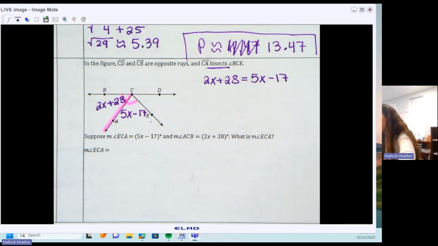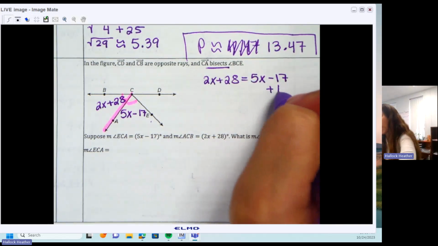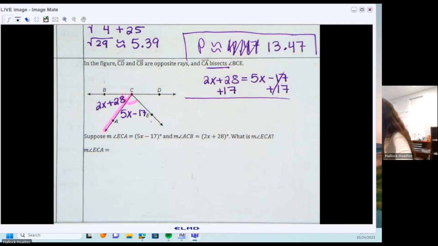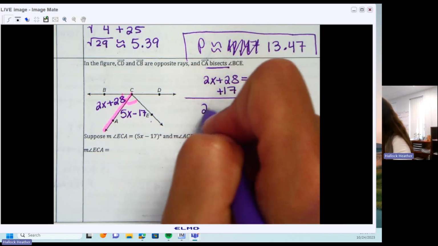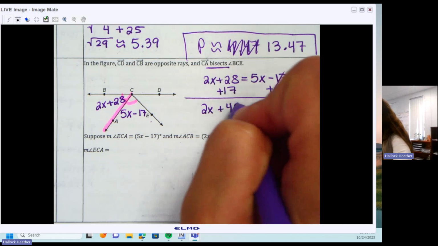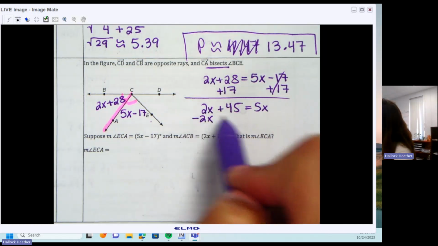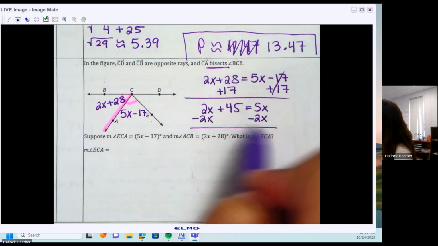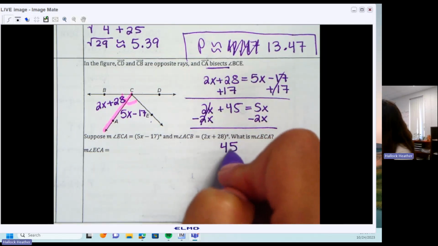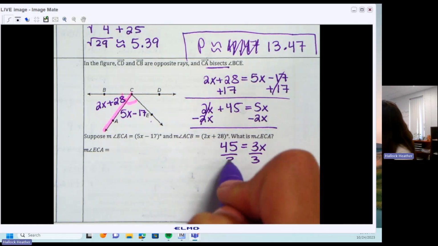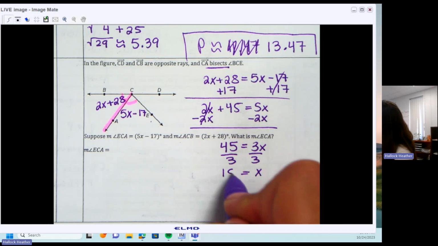You get to pick what you want to move. I'm going to move the 17 because it's negative, so I'm going to add 17 to both sides. So I get 2x plus 45 equals 5x. Now I'm going to subtract 2x from both sides. So I have 45 equals 3x, divided by 3. X equals 15.